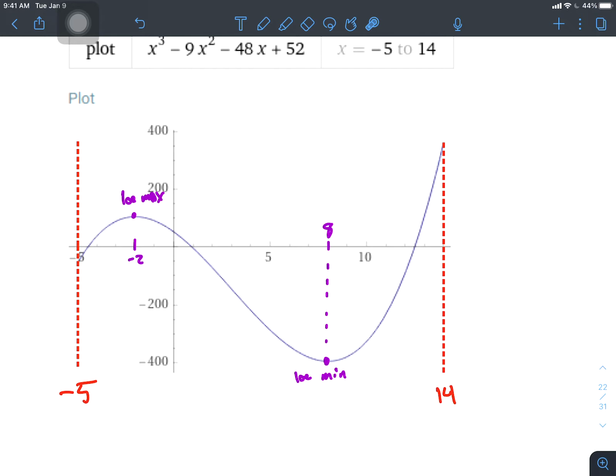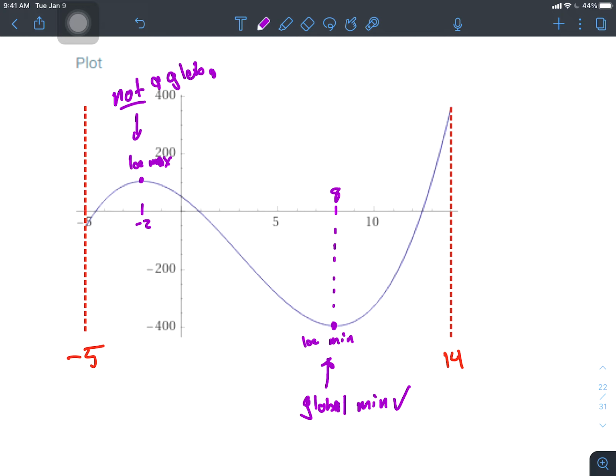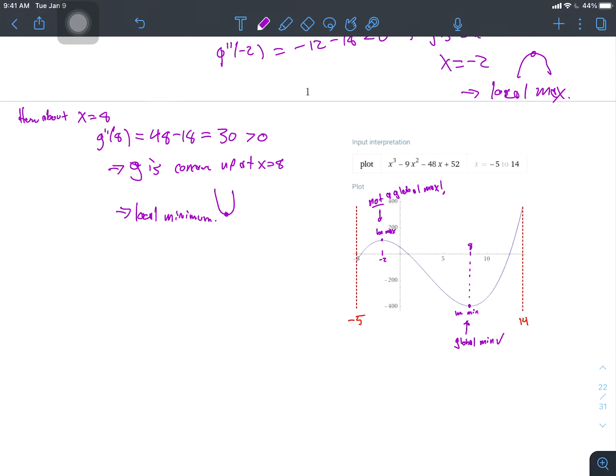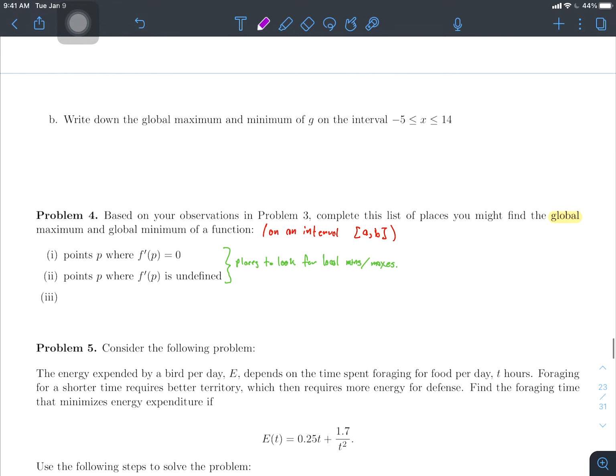Okay? How about the local minimum down here? Do we think this one is a global minimum? Yeah, this one is a global minimum. But this one is not a global max. Okay, so this raises the question.